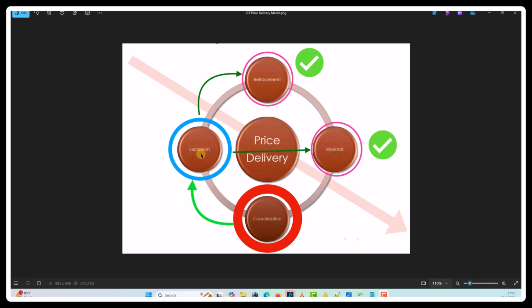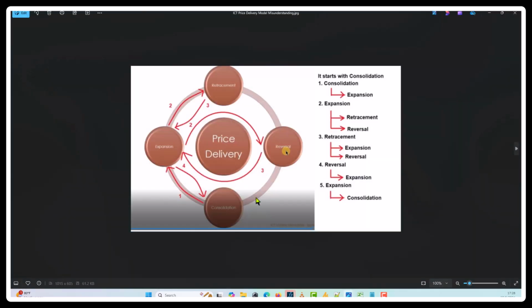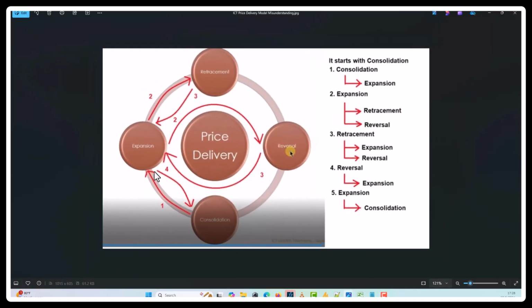I mean, it's like us before, right? But now we get a little better. Here's some guy on Twitter or X. Basically, he wrote this one. I mean, he didn't listen to the audio. The audio says very clearly that everything starts with consolidation, and when it goes to expansion, it will never go back to consolidation.